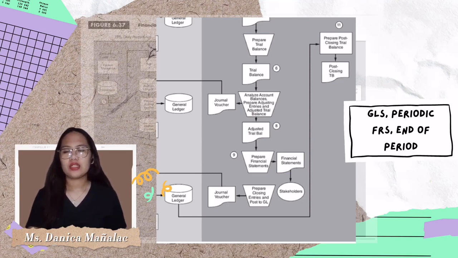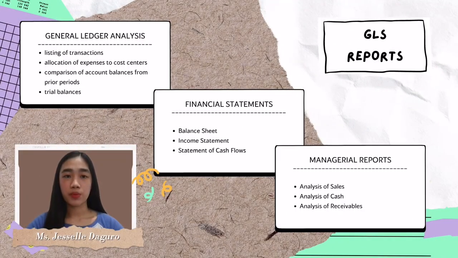Since nga, doon sa 10th step, i-close mo na lahat ng nominal accounts mo or yung mga nasa income statement accounts mo. Lahat ng nandoon is nag-update na or nag-reflect na sa iyong retained earnings. Kaya, in this step, sa last step mo, yung pag-create mo ng post-trial balance, ang meron ka na lang talaga is your real accounts.